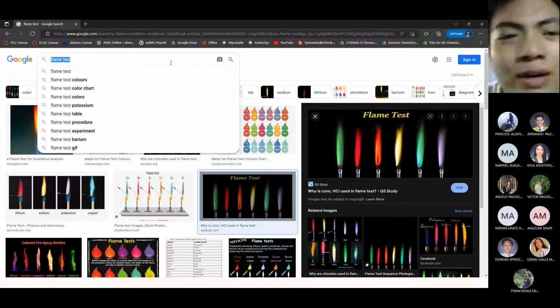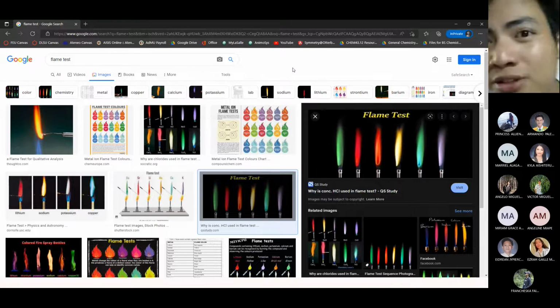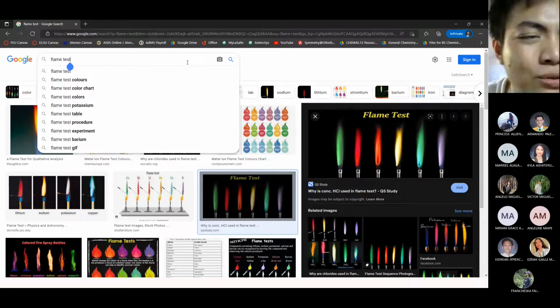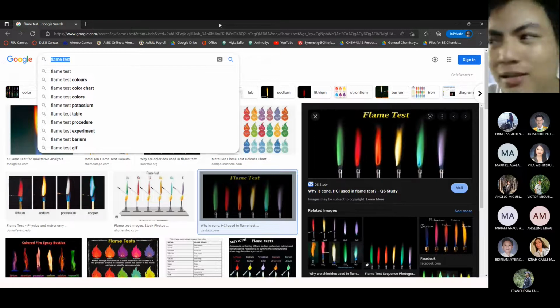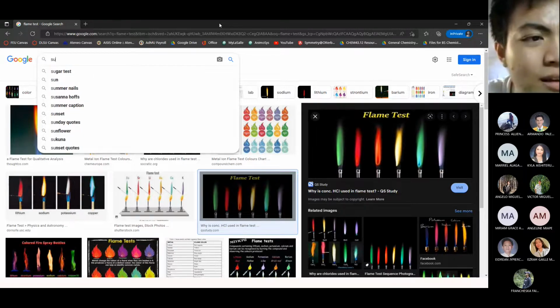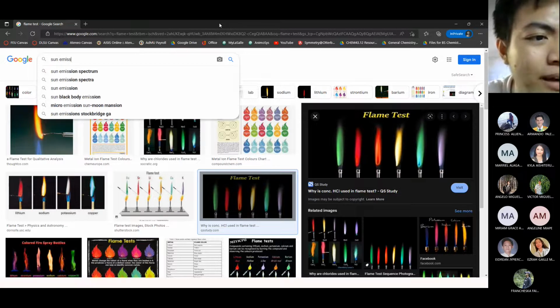It is used to identify the elements in celestial objects, as I mentioned to you in chapter 1. Our celestial bodies, such as the sun, have their emission spectra.